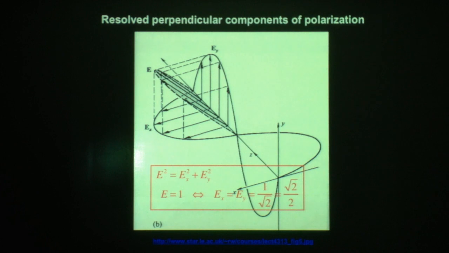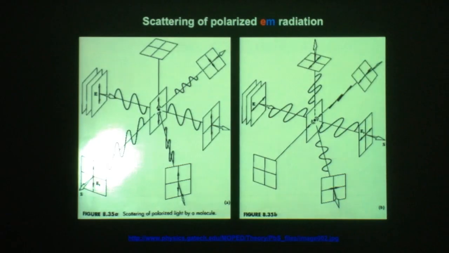Here we can see that any particular direction of polarization can always be resolved into its pair of components, x and y. And if this has unit amplitude, then these components go as square root of 2 over 2, just by right triangle construction. Isosceles right triangle.